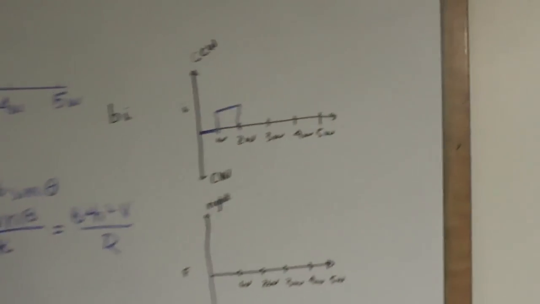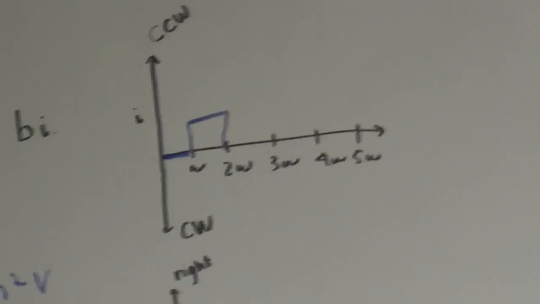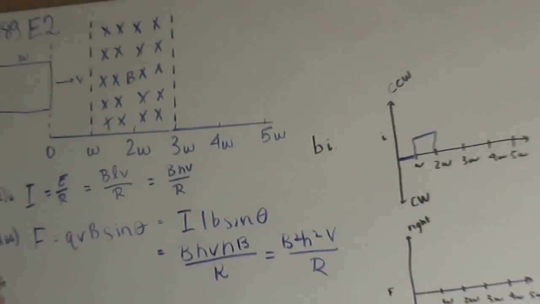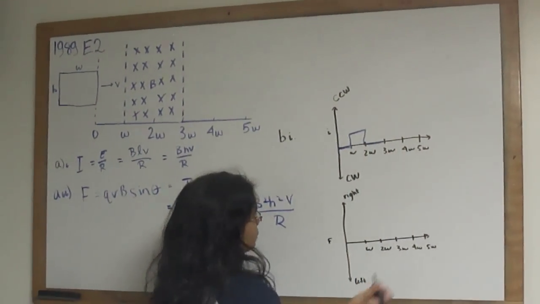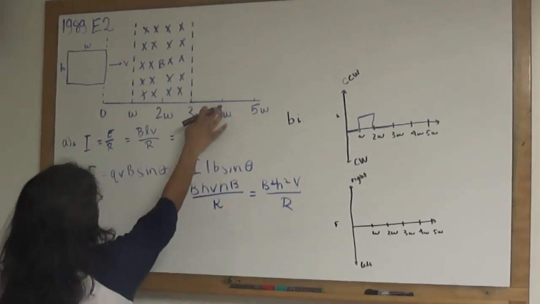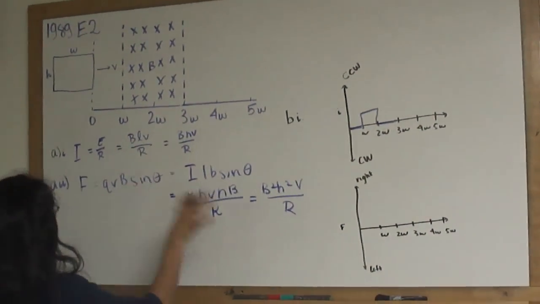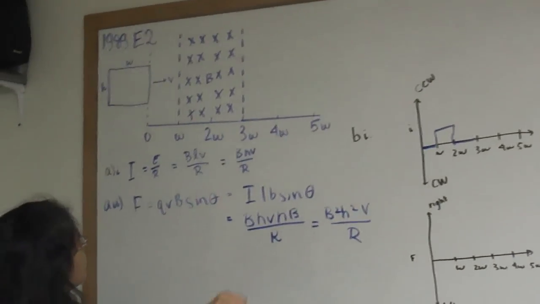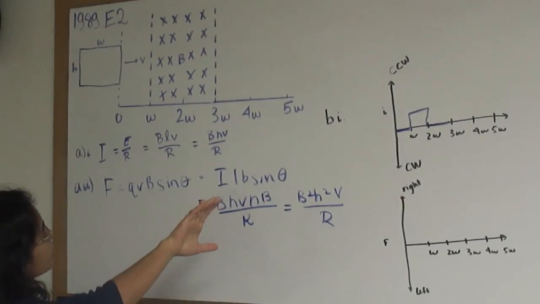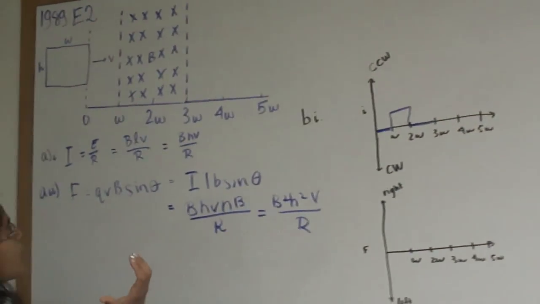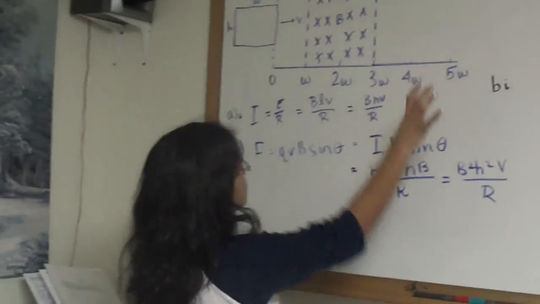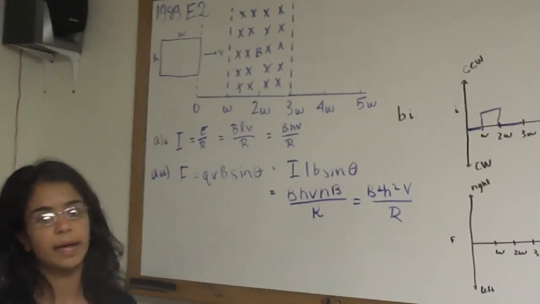Then from 2W to 3W, the entire loop will be facing a constant magnetic field, so it's going to go back to 0. From 3W to 4W, the loop is exiting. So the magnetic field, which was going inside, causing an increase, is now going to come out because as it leaves, it experiences less of a magnetic field.